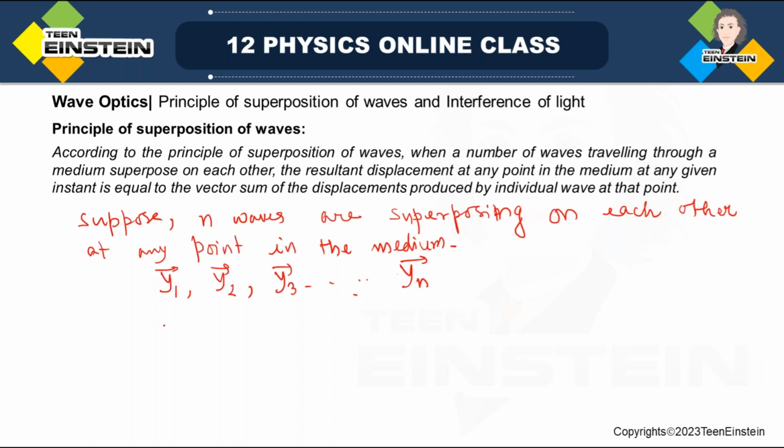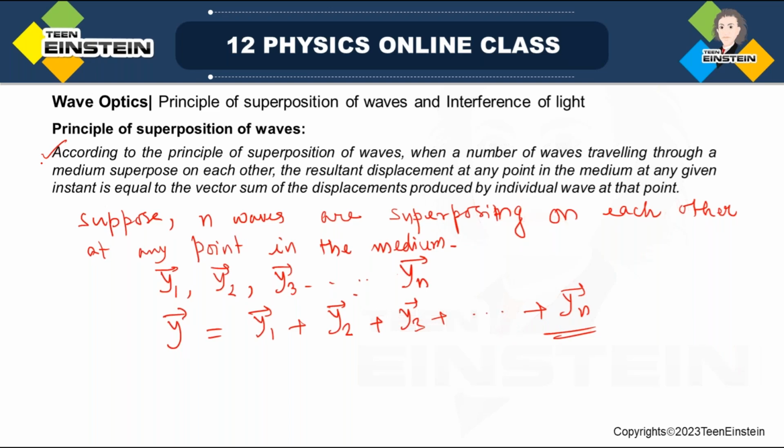Then the resultant displacement will be the vector sum of displacements produced by individual waves. So this is actually the meaning of the superposition principle.